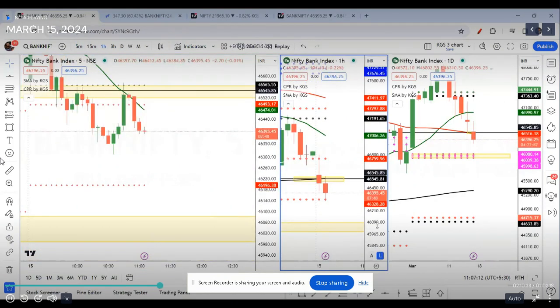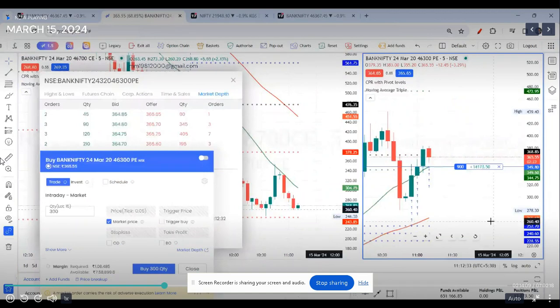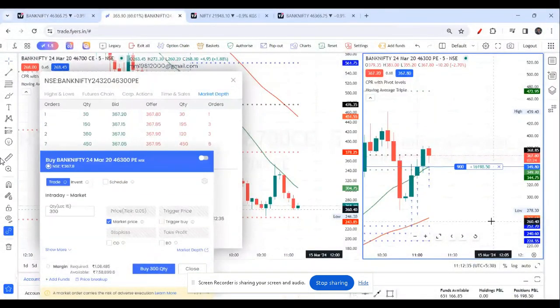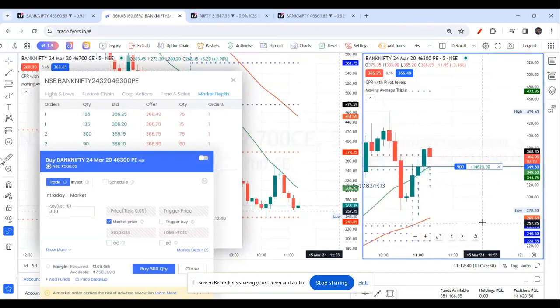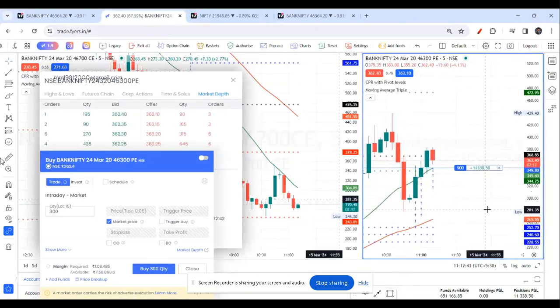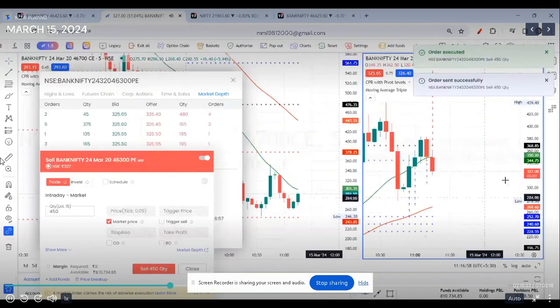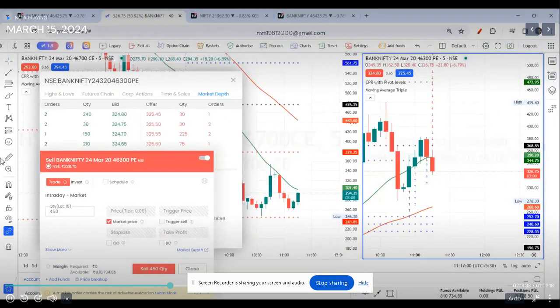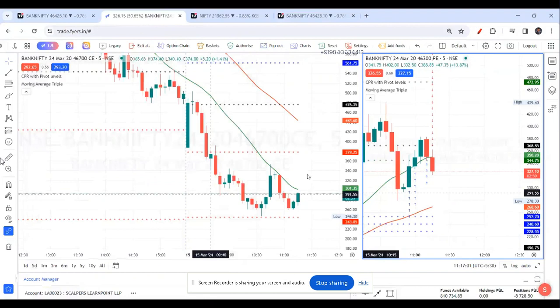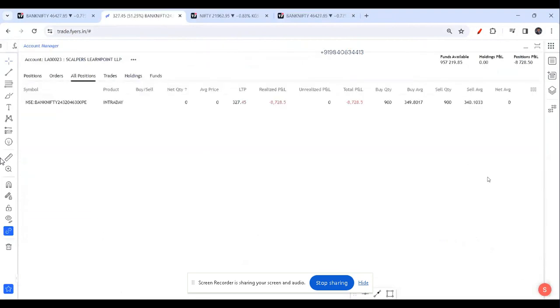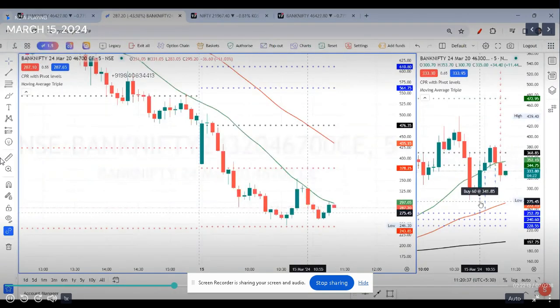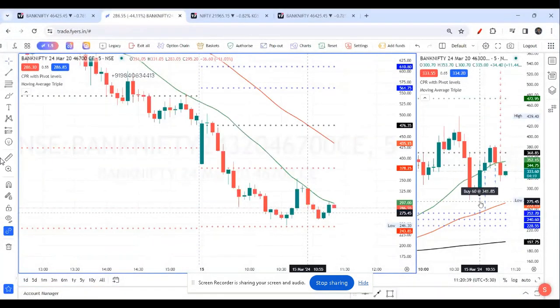Now my average is 350. Sitting in this trade. So average I have lost around, அதாவது 50 பாயிண்ட் கூட கொடுக்கல.